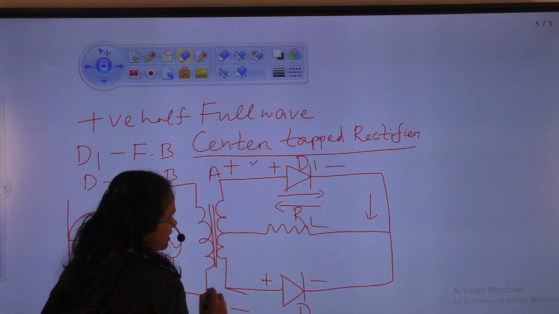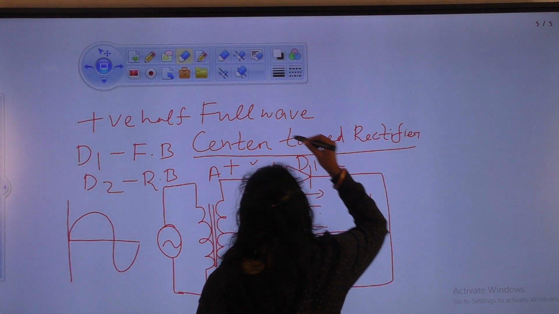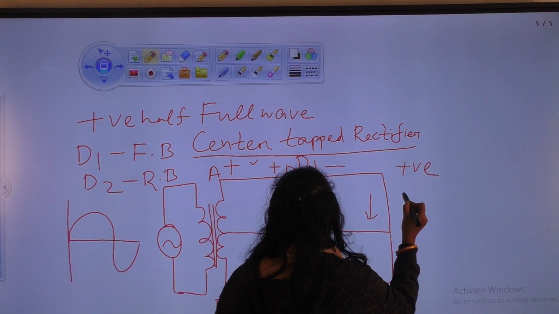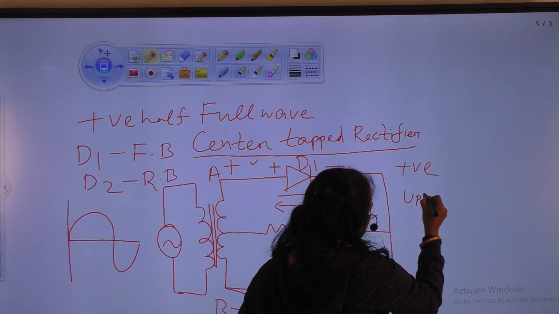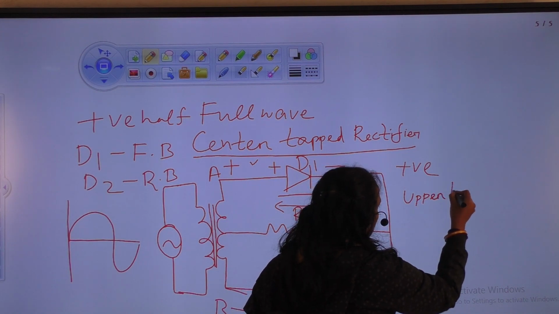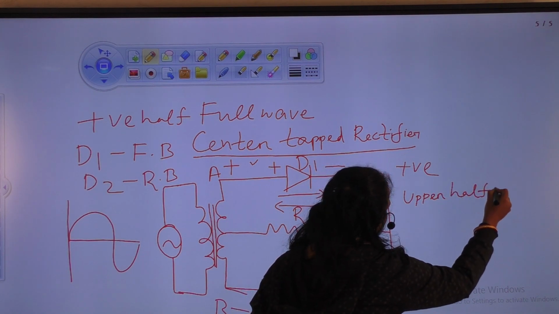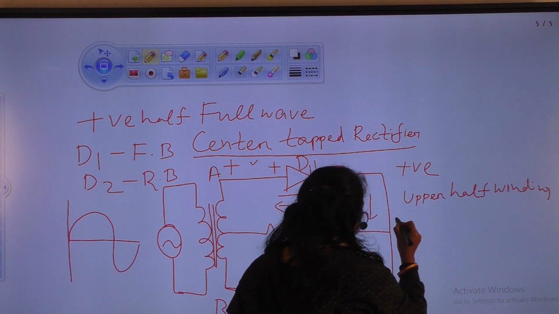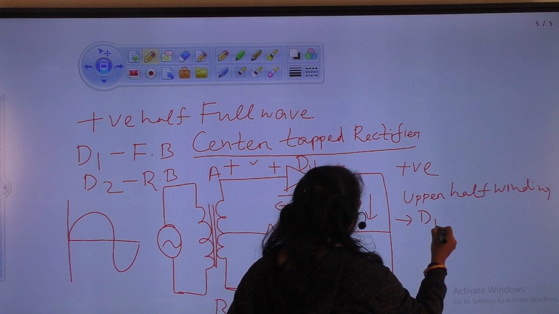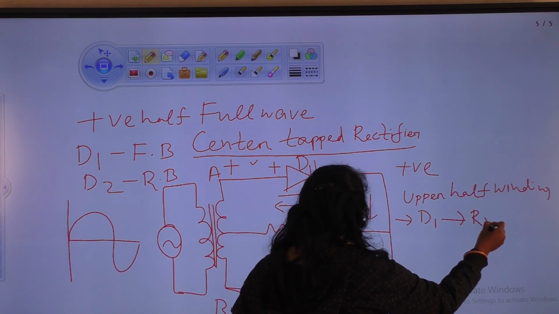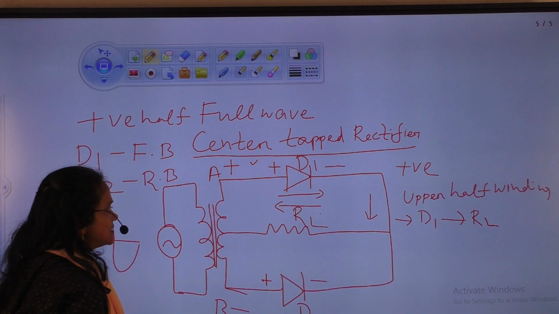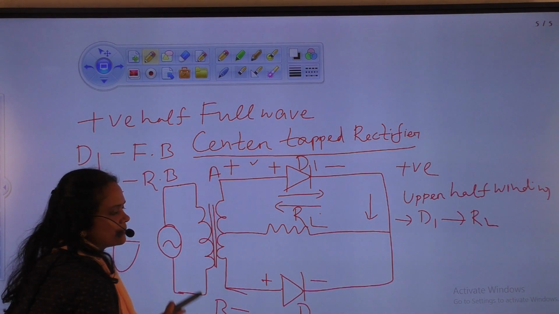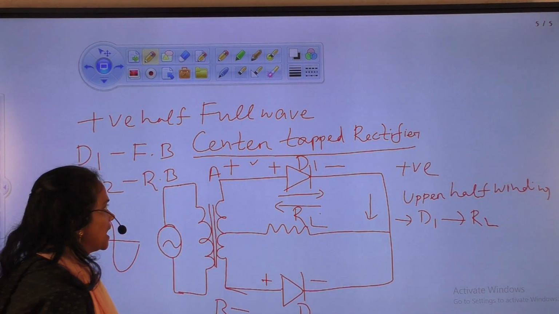So in positive half cycle, current flows through upper half winding, then diode D1, then load R. As here we use a center tap transformer, this part is the upper half winding and this part is the lower half winding.